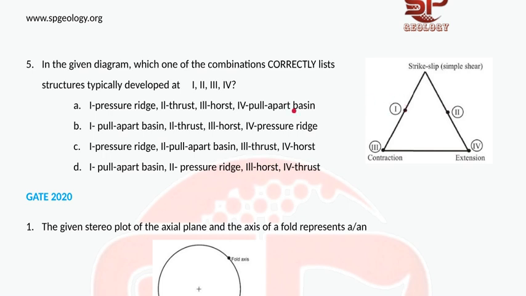In transpression you will get a pressure ridge, and in transtension you will get a pull-apart basin. In contractional you will get a thrust or reverse fault, and in extension you will get a normal fault or horst. So this should be correct: transpression, pull-apart basin; transtension; then compression is thrust; then extension is horst.